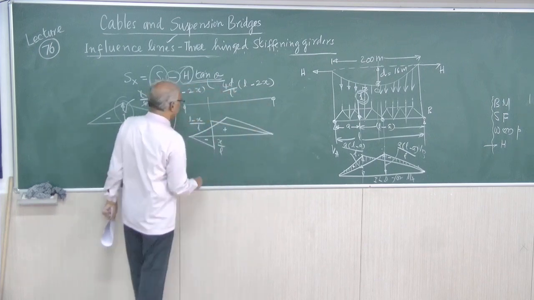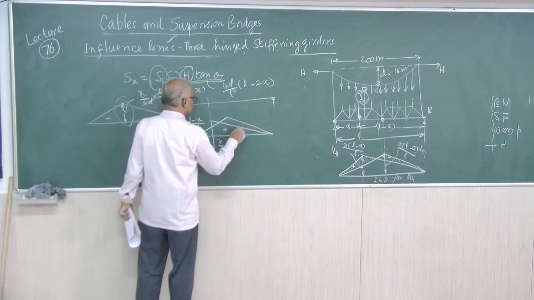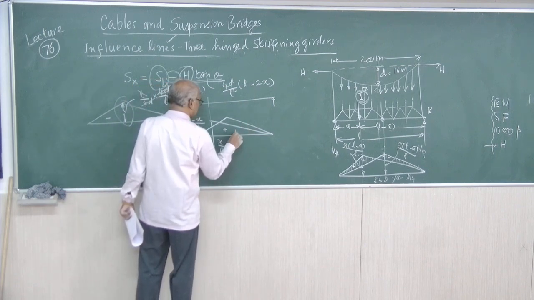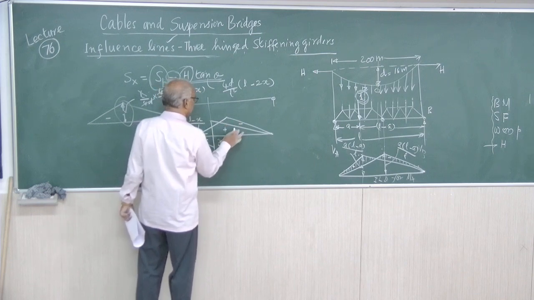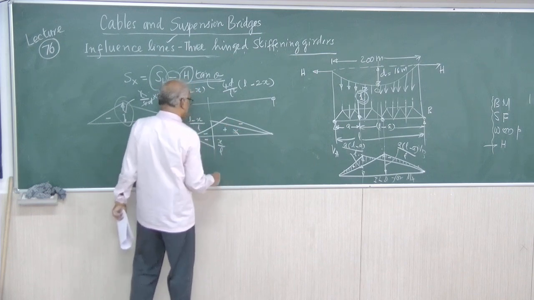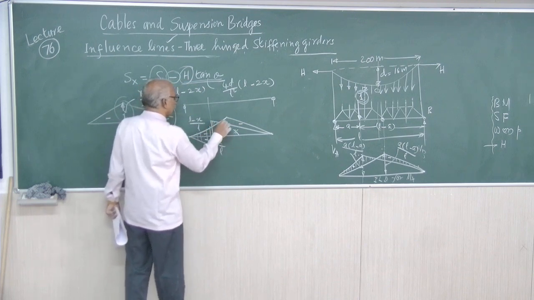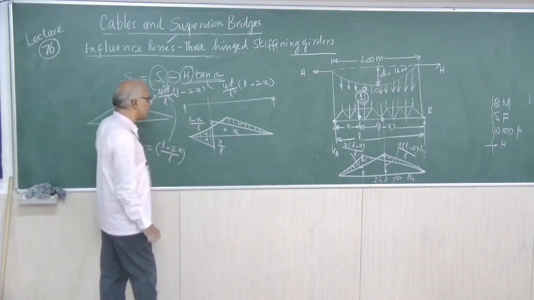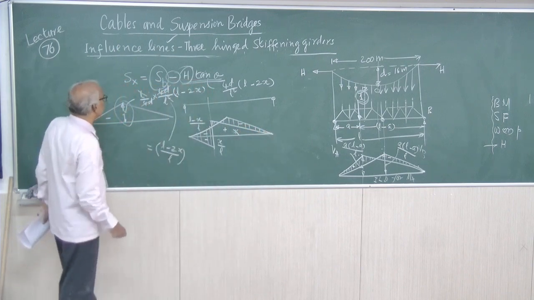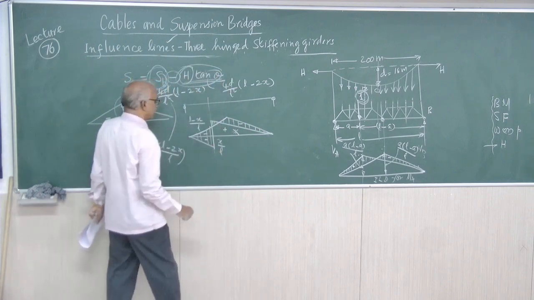This is also minus, and this is plus, so the common area will get cancelled. Finally, you will have only this diagram. So SB, beam shear, minus H tan theta will be the final ILD.